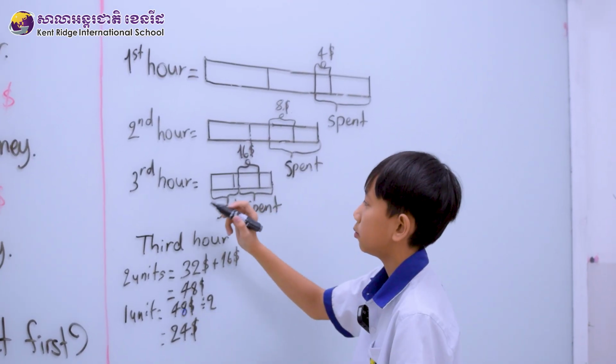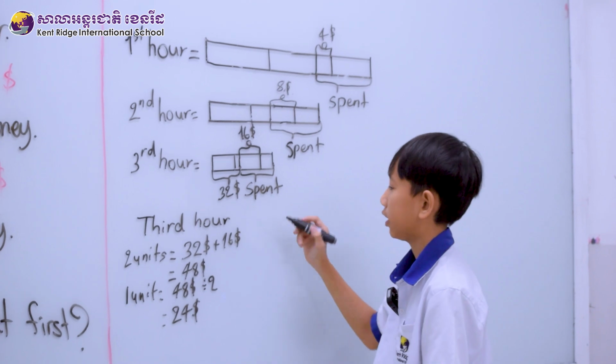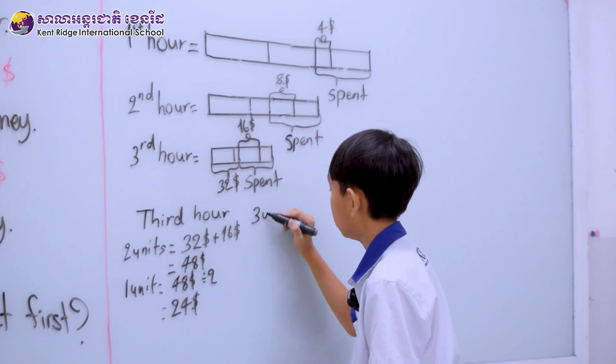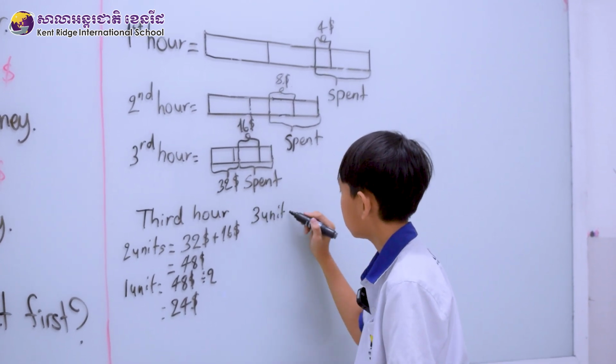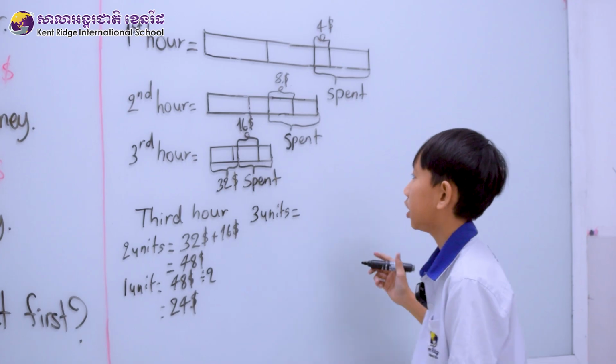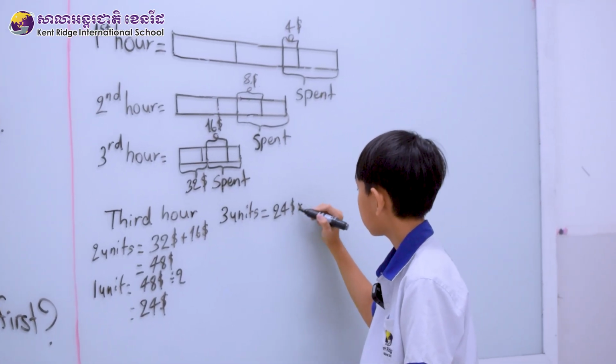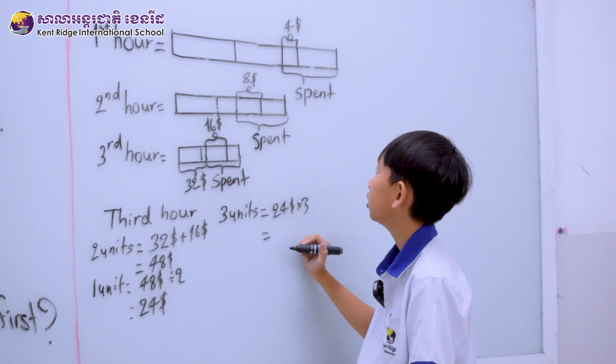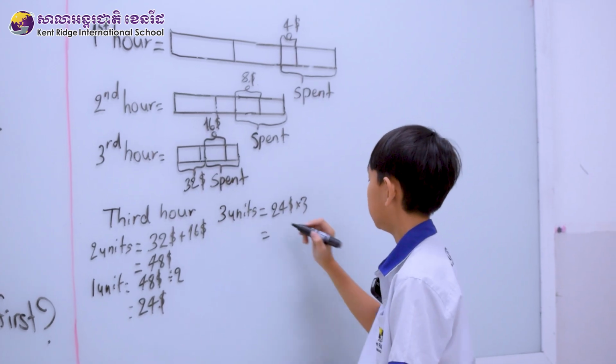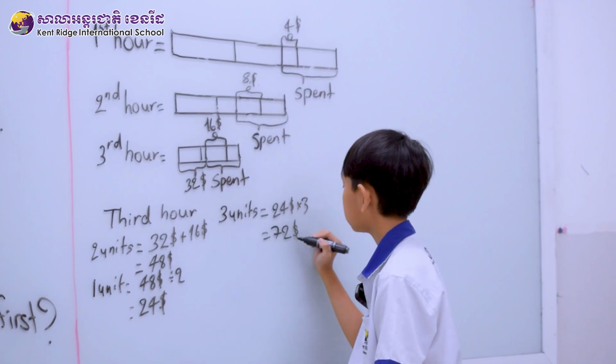Now we have to find the total money she had in the third hour, which is equal to 3 units. To find 3 units, we take 24 times 3, which is equal to $72.